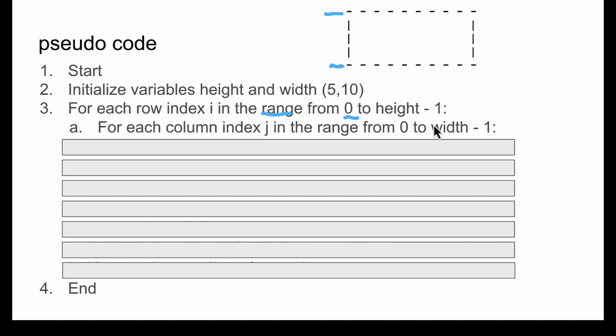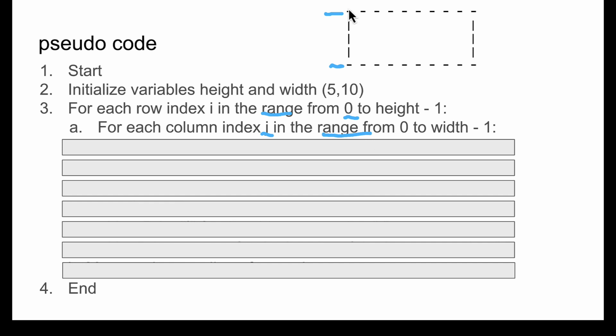Next, for each column, I'm going to utilize a variable called j, again utilizing a range, and this j variable is going to keep track of the columns in terms of the position that we're in.